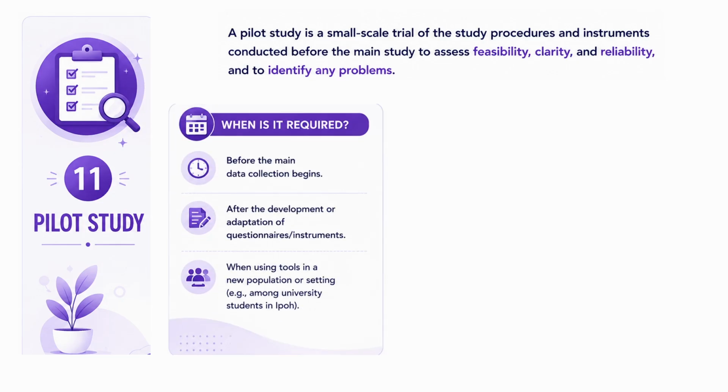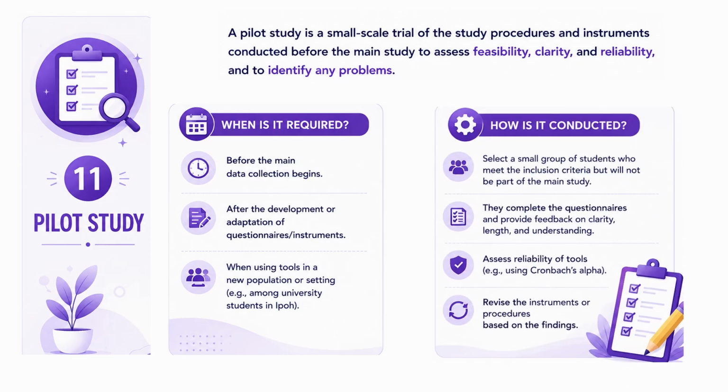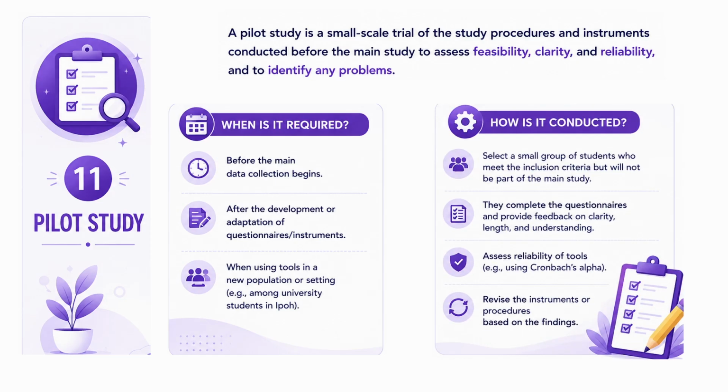When is it required? Before the main data collection begins, after the development or adaptation of a questionnaire or instrument, and when using tools in a new population or setting. In that case, we can do a pilot study. How is it conducted?